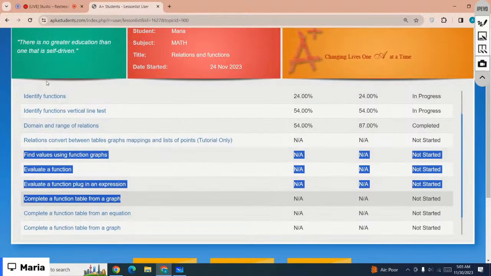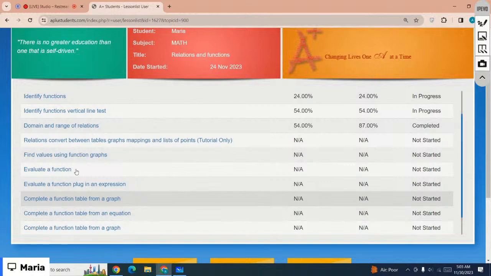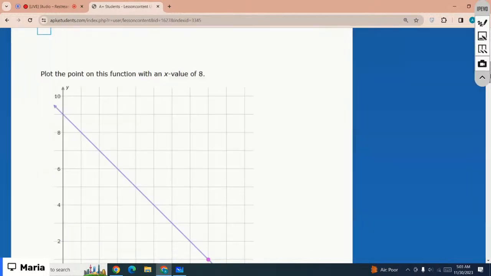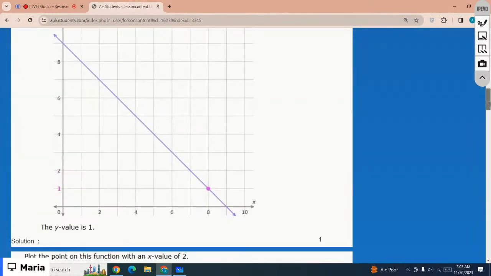Here I am on grade 9 math. The chapter we're working on is relations and functions. So the lesson is find values using functions graph. Okay, plot the point on the function with an x value of 8.